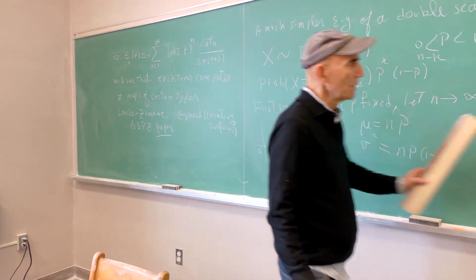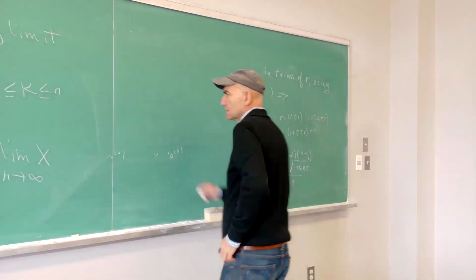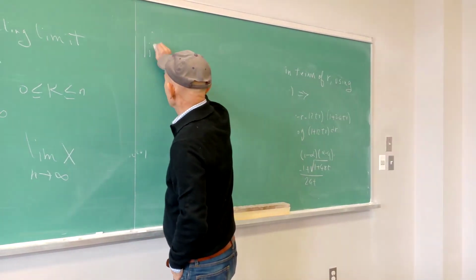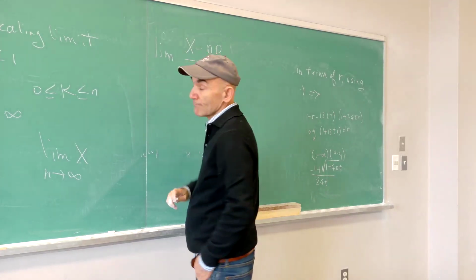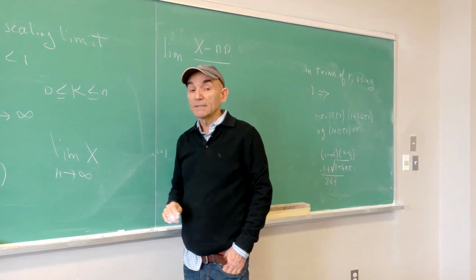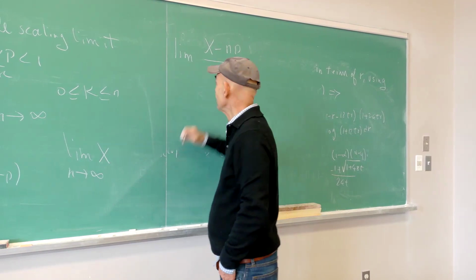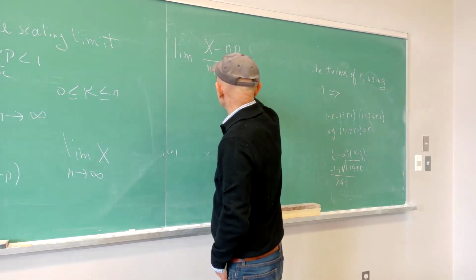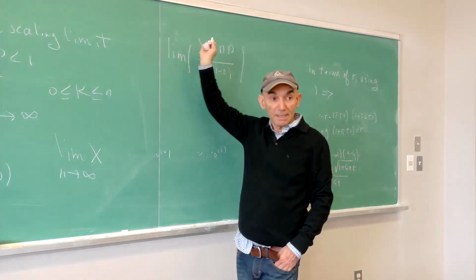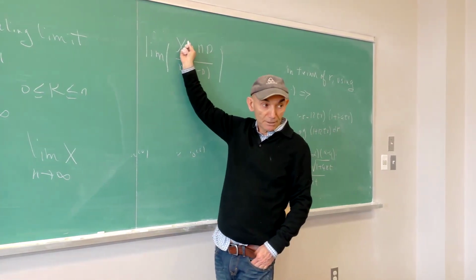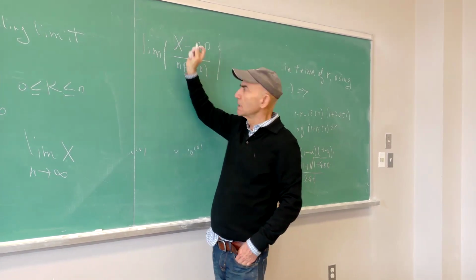So what we can do is the following. You can center it. We can just take the limit of X minus np divided by the standard deviation, which is the square root of np times 1 minus p. Now, this is pretty good because this always has mean 0 and standard deviation 1.